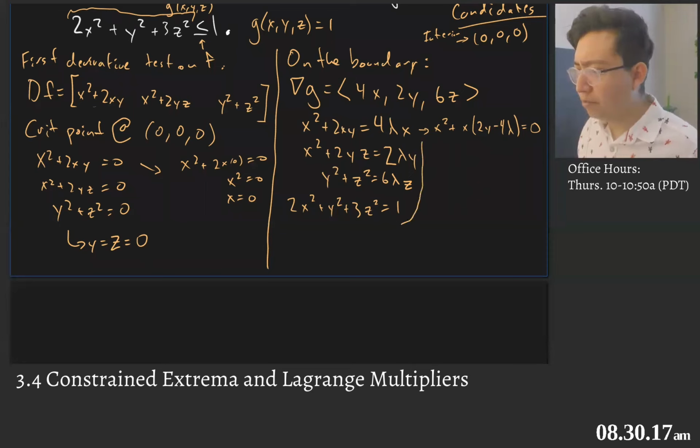Then we can factor this again to get x times (x plus 2y minus 4 lambda) equals 0.